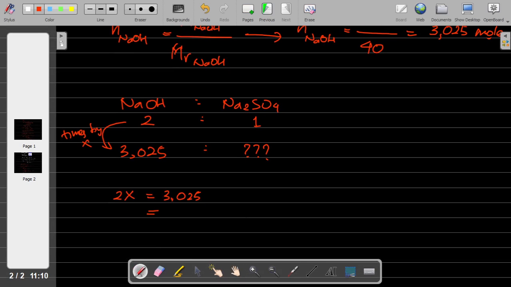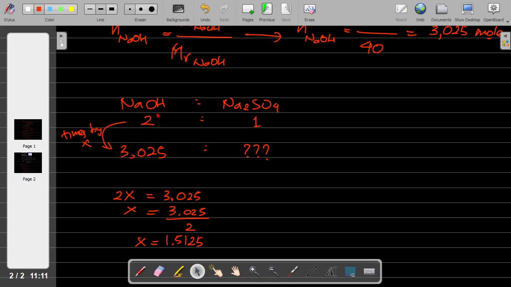So the x must be 3.025 divided by 2, which is 1.5125.